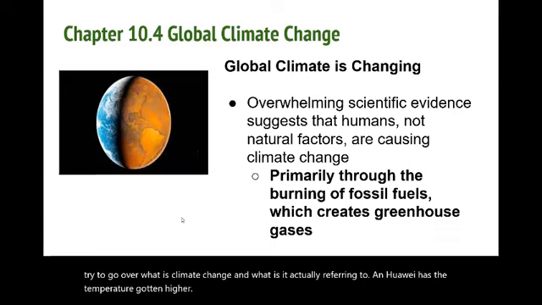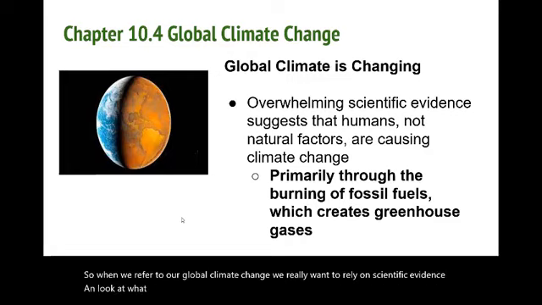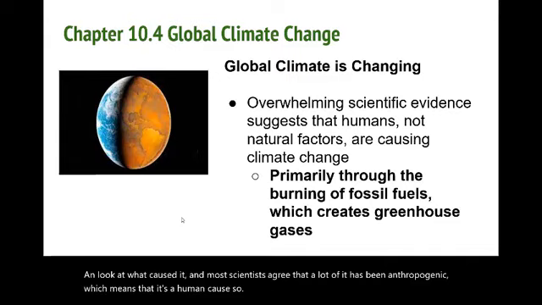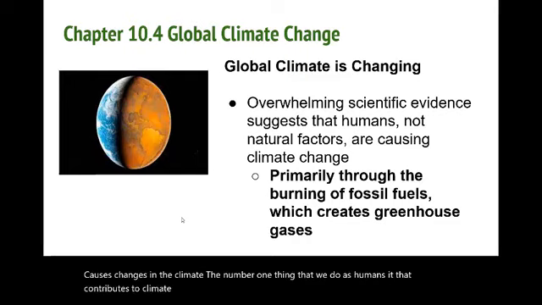So when we refer to global climate change, we really want to rely on scientific evidence and look at what caused it, and most scientists agree that a lot of it has been anthropogenic, which means that it's human caused. So what are humans doing that causes changes in the climate? Well, the number one thing that we do as humans that contributes to climate change is burn fossil fuels.